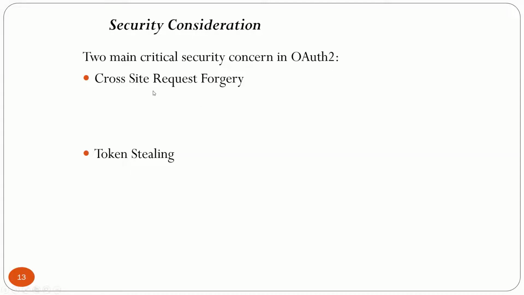So we got this kind of security concern, and then we got even token stealing. So someone that steals our token could actually use it on our behalf without any problem, okay? Yeah, it is a security hole.